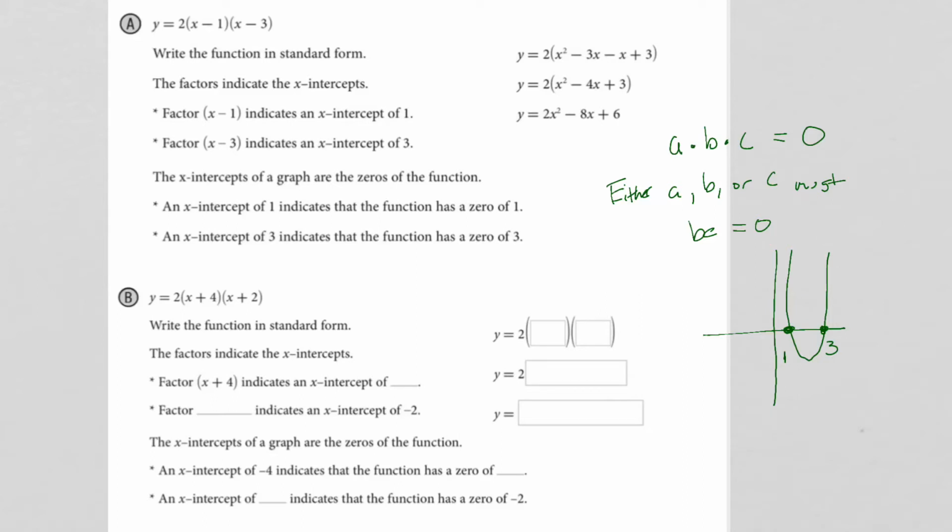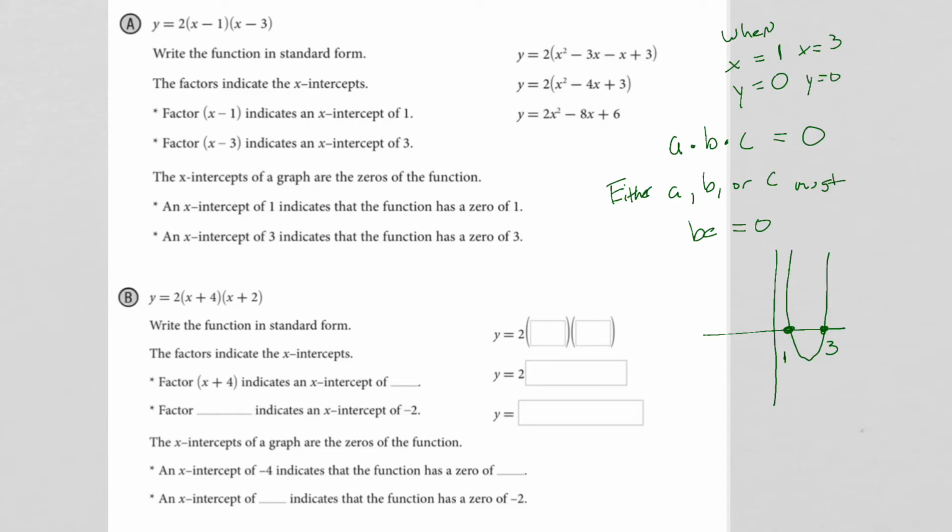And the answer to that question is, well, when x is equal to 1, right? What's y equal to in this scenario and this graph that I've drawn for you, right? Y is, of course, 0. And when x is 3, in this scenario, what is y equal to? Y is equal to 0.